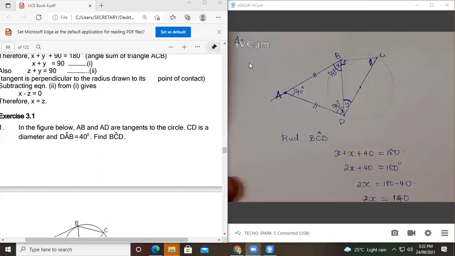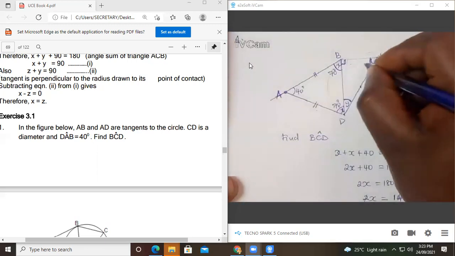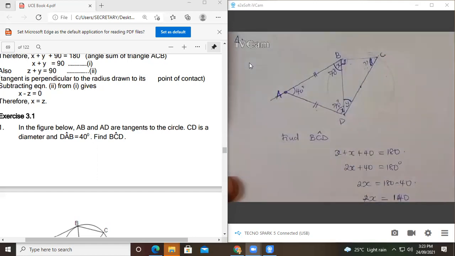Y plus 90 degrees. Yes. Our main angle is this one here. That's the question.